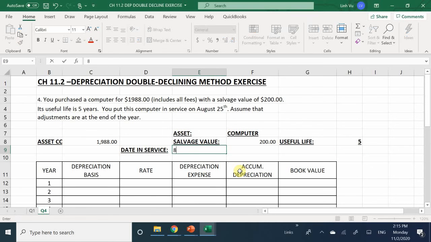August 25th. So what does that mean? That means we're not going to do it until the next month. For not the rate, for the actual depreciation expense. So how many months are we actually going to be depreciating this asset for?